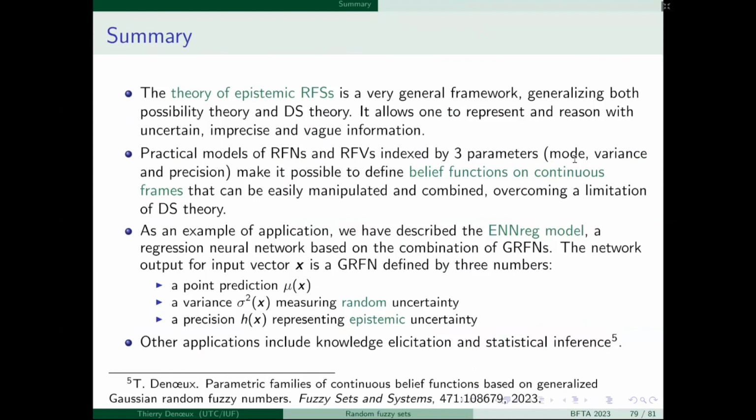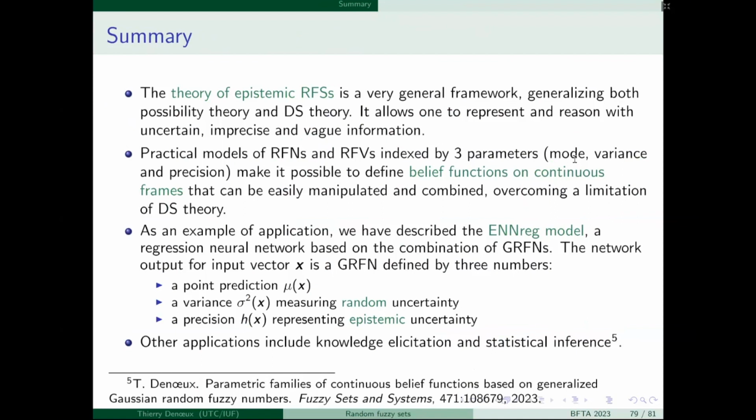I described an application to regression. The neural network I described has three outputs. One is a point prediction. The second is an estimate of the conditional variance, which can be considered as measuring random uncertainty. And the precision term represents epistemic uncertainty.